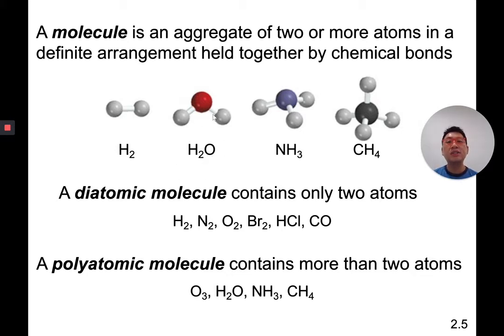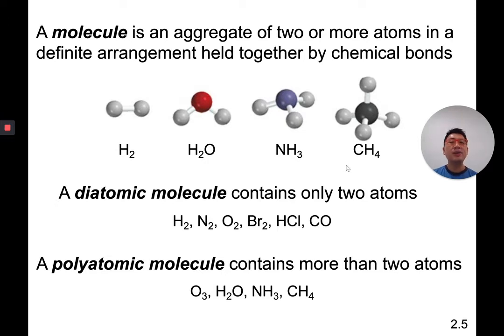There are 2 hydrogens for every 1 oxygen. In ammonia, which is a cleaning solution for most of us, there's 1 nitrogen atom for every 3 hydrogen atoms in the molecule of ammonia. In methane, CH4, there's 1 carbon atom for 4 hydrogen atoms.